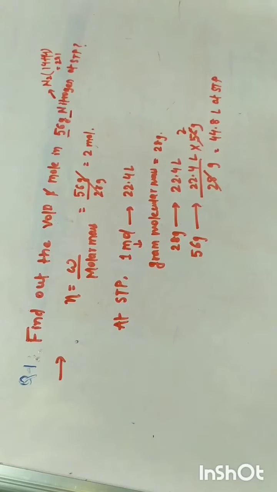Atomic weight of barium is given 137 and chlorine 35.5. So molar mass is 208.